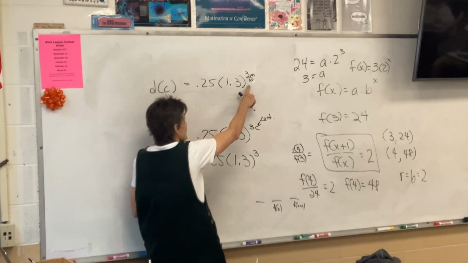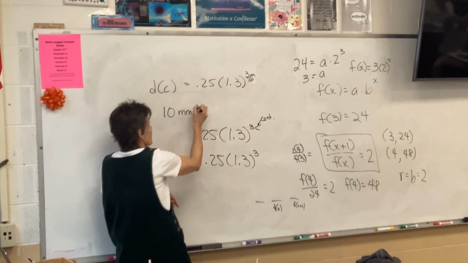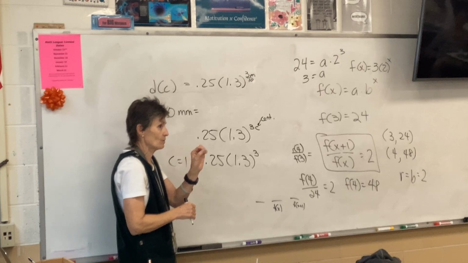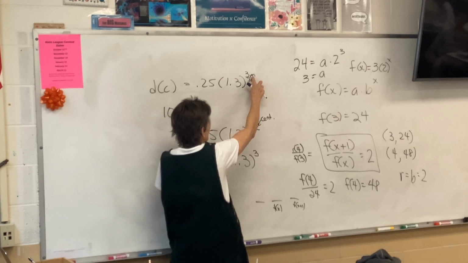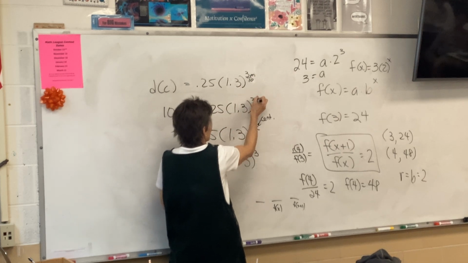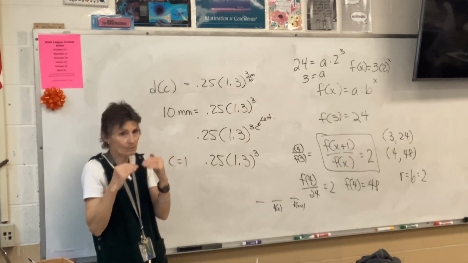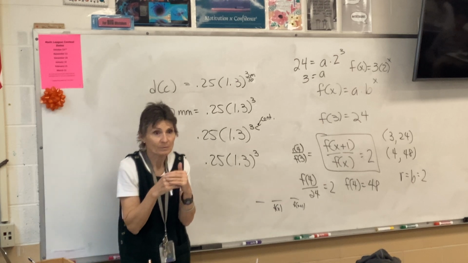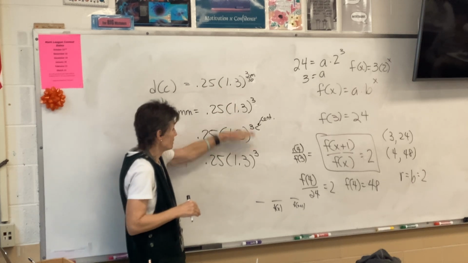I'm going to do 10 millimeters, because that is the same as 1 centimeter. So if I do 10 millimeters, I should get exactly the same answer. If I put 10 in there, don't I get exactly the same answer? Yeah. It's counterintuitive, but the idea is they have to be the same. So I have to modify the exponent to make my output match.